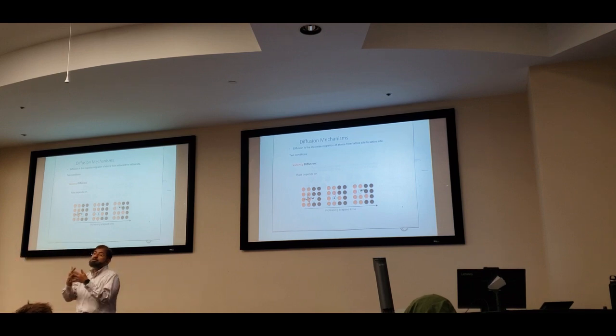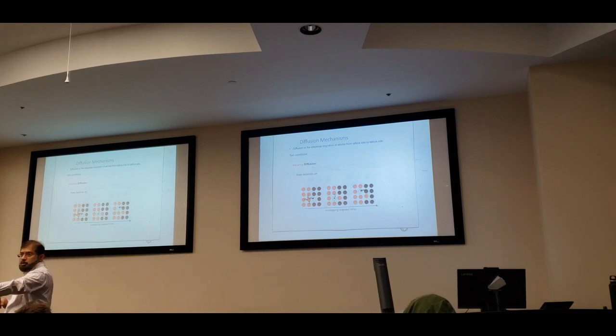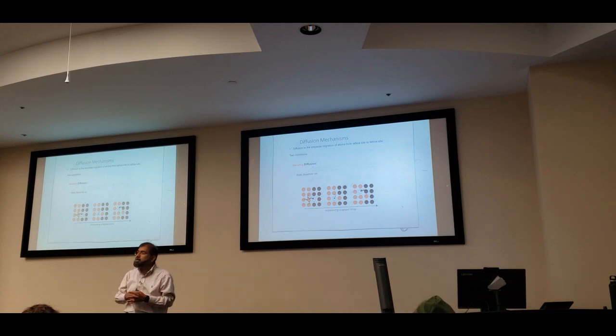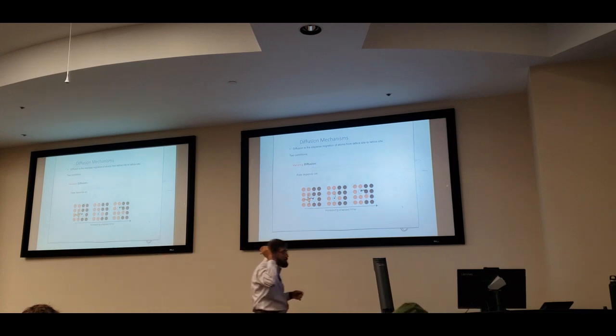The substrate or the medium and the diffusing atom, they are all important. So you need an activation energy to jump from this point to another point. Only if you have that much energy can you move from this point to another. Remember that, we will come back to it.